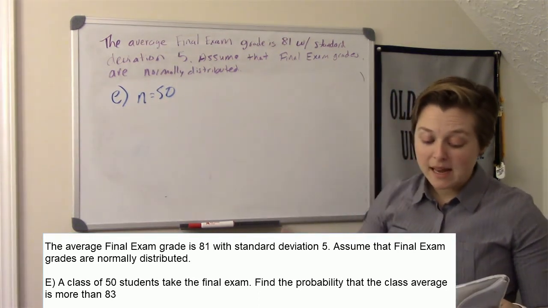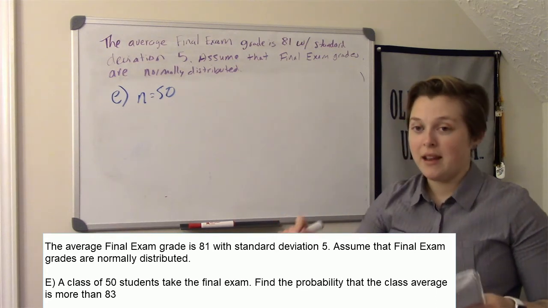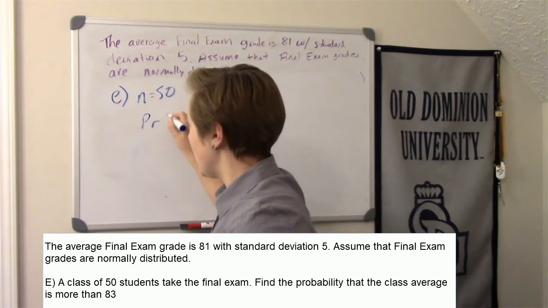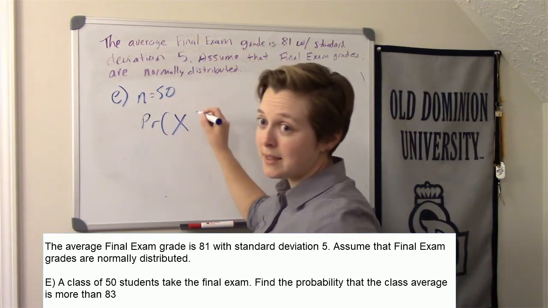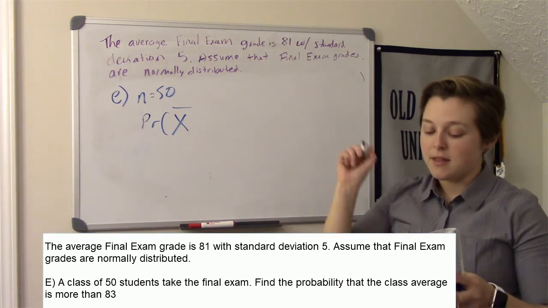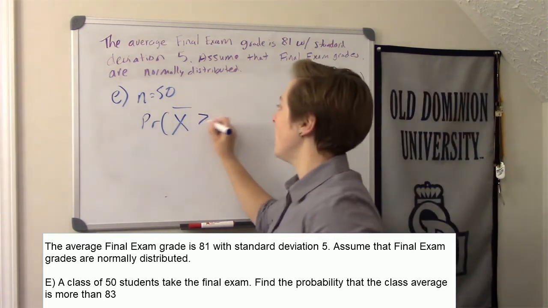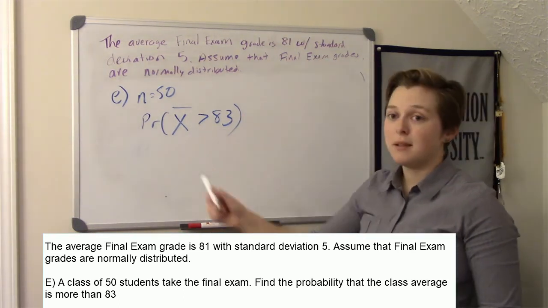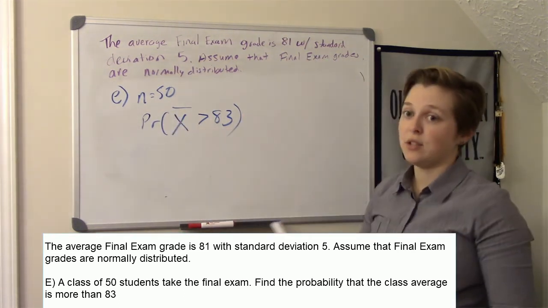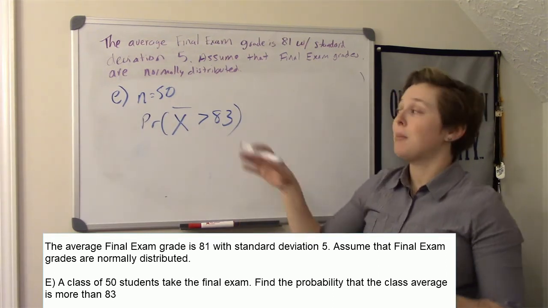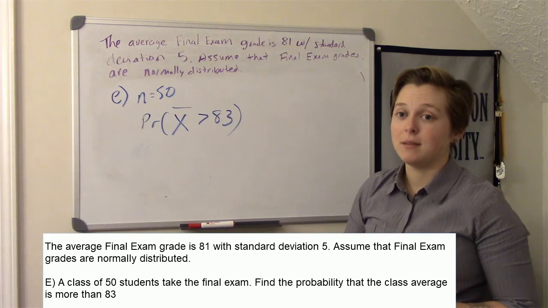Find the probability that their average grade, so when I write this, I'm not going to just write X, but it's a probability for X bar, the sample mean, that their average grade is more than 83. This is a central limit theorem type question because we have an average instead of just finding the probability that a randomly selected student scores more than 83. It's the probability that the average for all 50 students is more than 83.